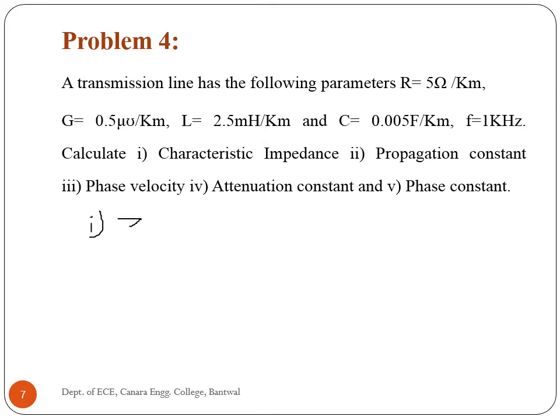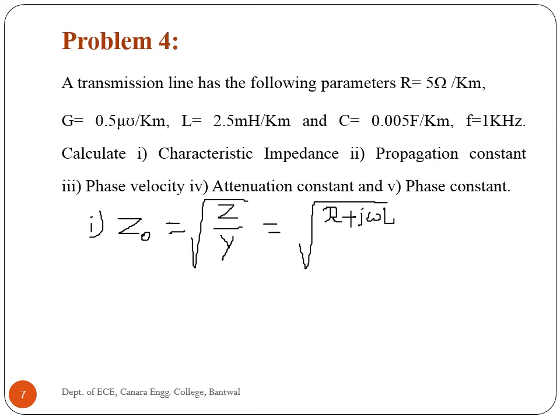First one is characteristic impedance. Z0 is the notation. It is equal to root of Z divided by Y. Root of Z divided by Y is equal to root of (R plus J omega L) divided by (G plus J omega C).